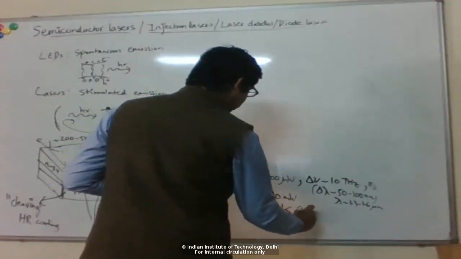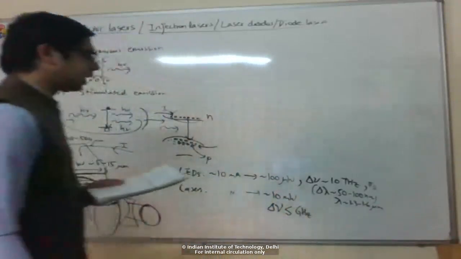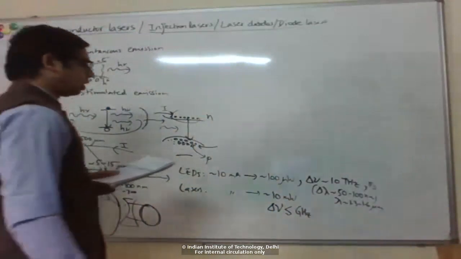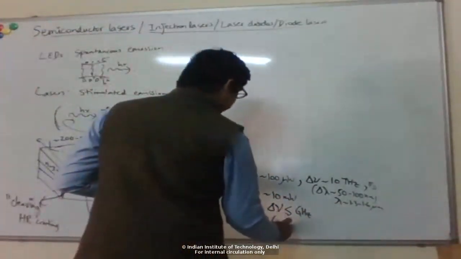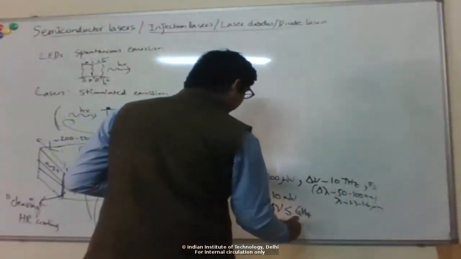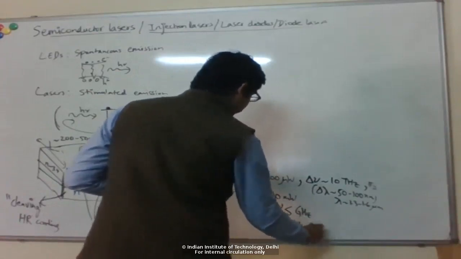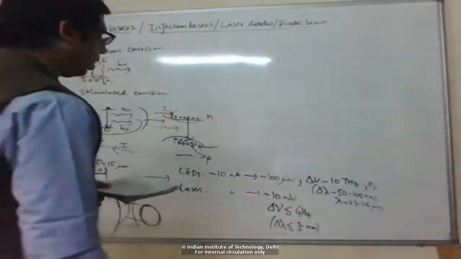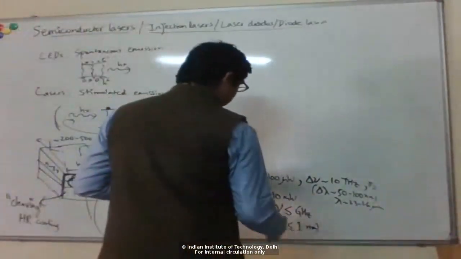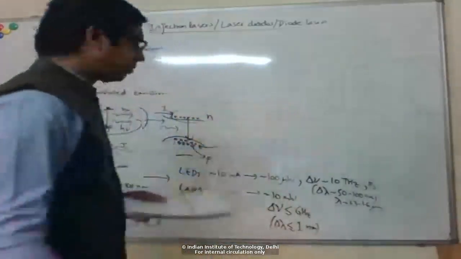Typically you can easily go down below gigahertz line width. In terms of line width here, you can very easily go below a nanometer without much effort at all, and then you can even go down to almost single frequency.